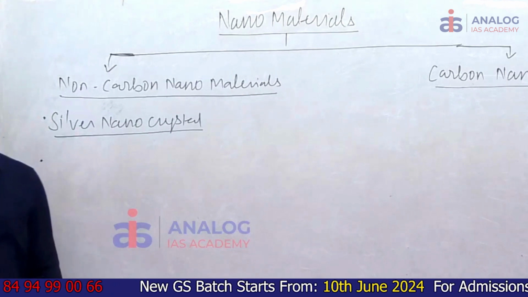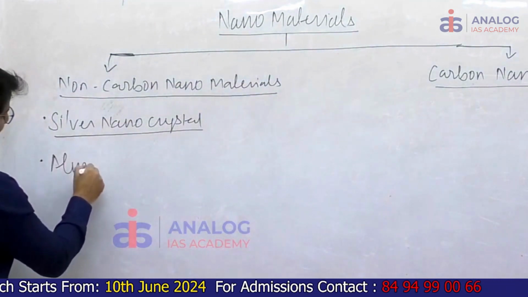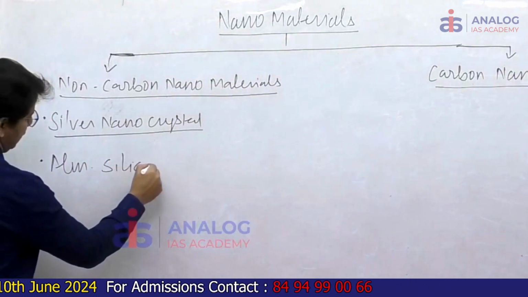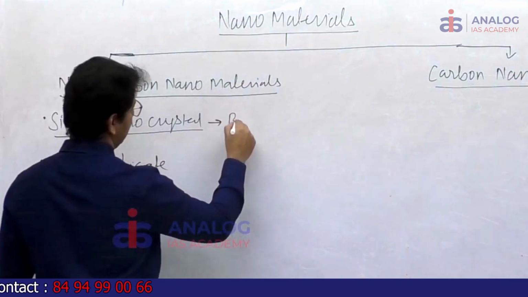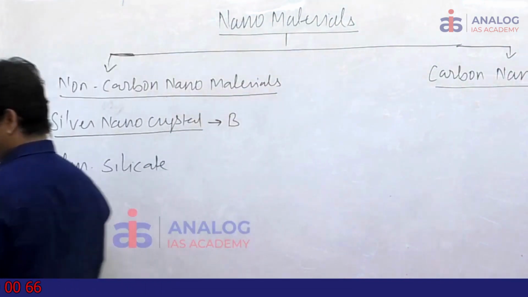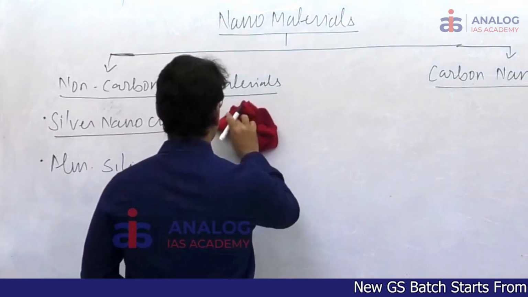Silver nanocrystal. And we talked about something called aluminum silicate. The silver nanocrystal is bactericidal. It kills bacteria. So I'll write it here. It is something which can kill bacteria.